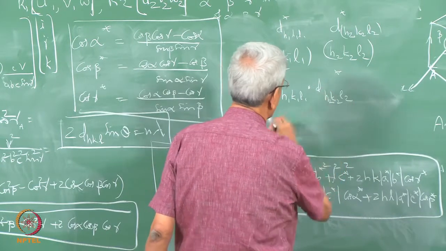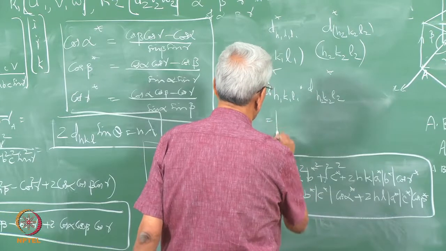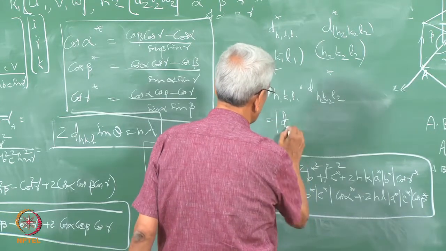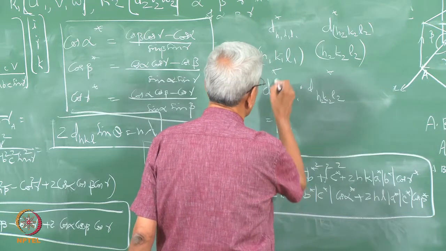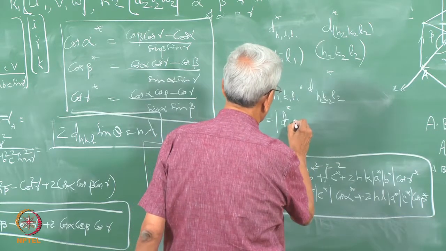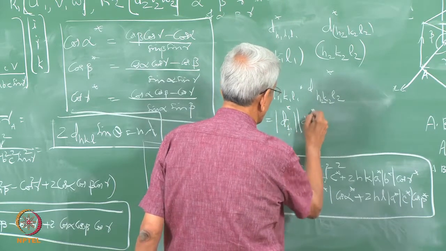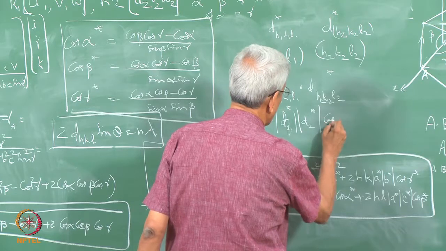The dot product will be equal to the modulus of d1 star into the modulus of d2 star, times cos theta, where theta is the angle between them.